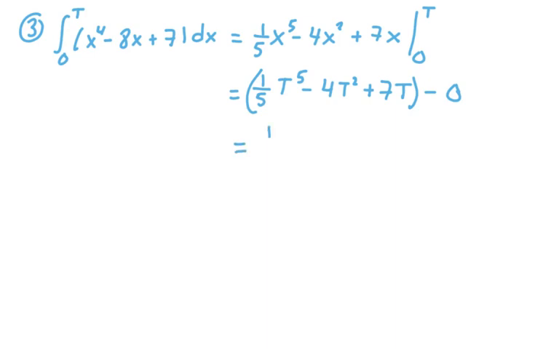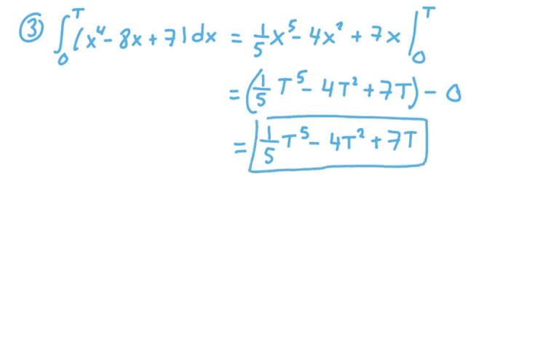And so the correct answer here is 1/5 t to the 5th minus 4t squared plus 7t. That's problem 3. Let's take a look at problem 4.